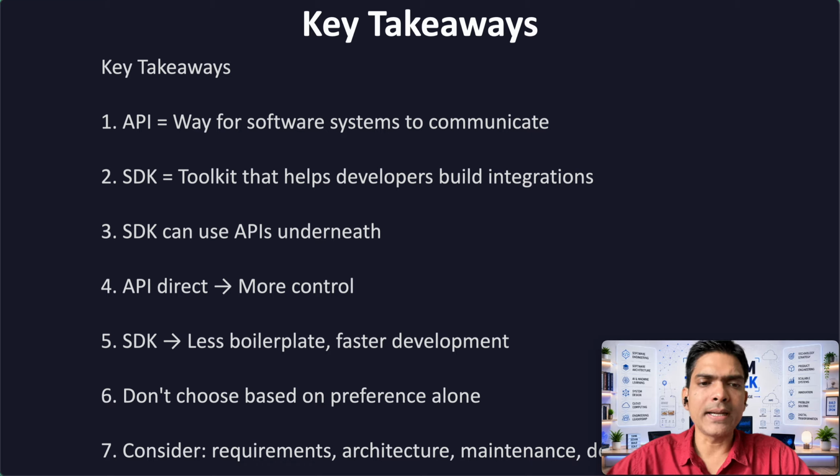Using the API directly can give us more control, while an SDK can reduce the development effort and boilerplate code. And most importantly, we should not choose based purely on personal preferences. We should consider our requirements, architecture, maintenance, dependencies, and long-term impact.